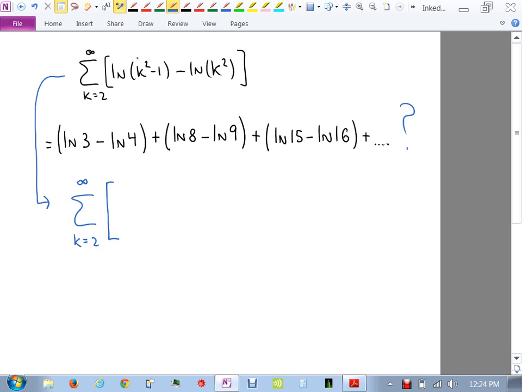We said that this k squared minus 1 in here could be written k plus 1 times k minus 1. And anytime you have two things being multiplied inside of a log, you can split it into 2. So it could turn into natural log of k plus 1 plus natural log of k minus 1, minus natural log of k squared.